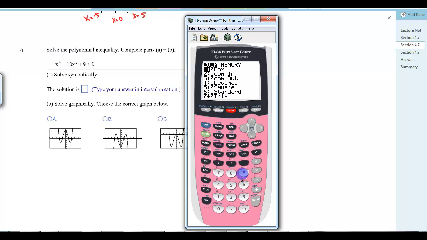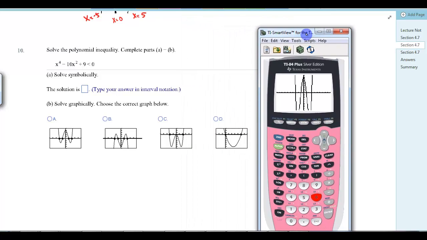Let me do a zoom 6, and let's see if we can tell just by that picture.